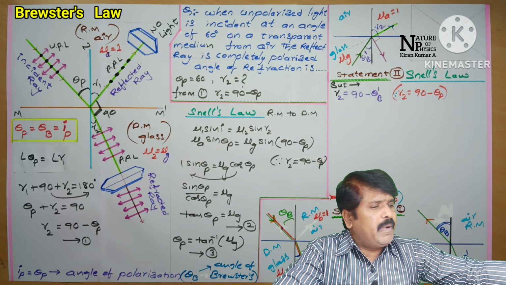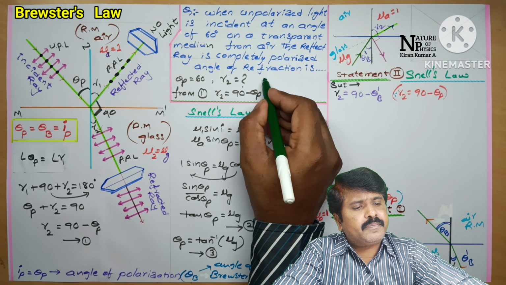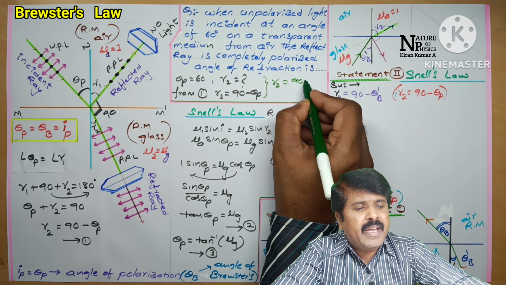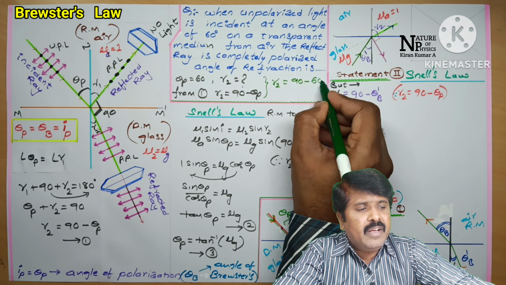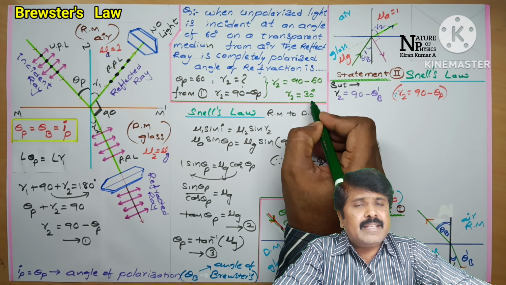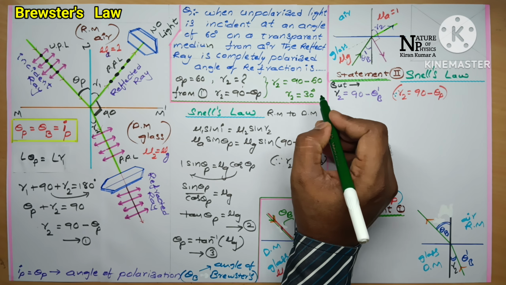So the value is replaced now: R2 is equal to 90 minus theta p, which is 60, so R2 is equal to 30 degrees, which is the answer for the given question.